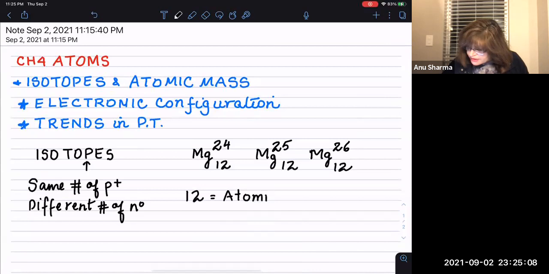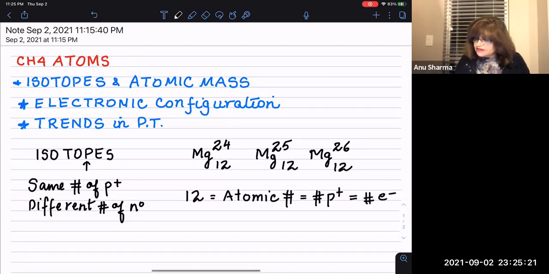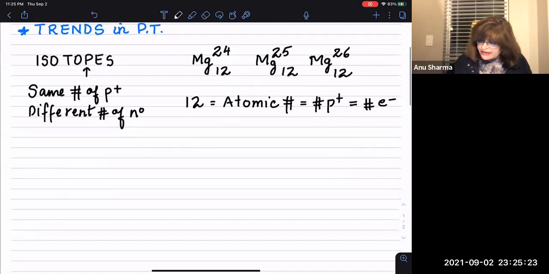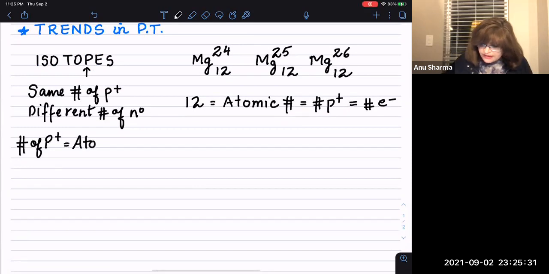And this atomic number, as we discussed in the previous video, is equal to the number of protons. And the number of protons is also equal to the number of electrons. So keep that in mind, that the number of protons, which is equal to the atomic number, defines the identity of the atoms.